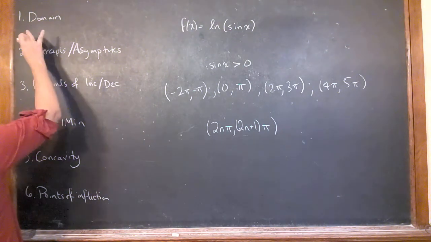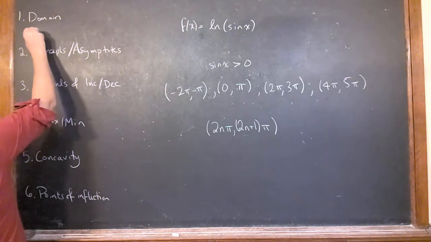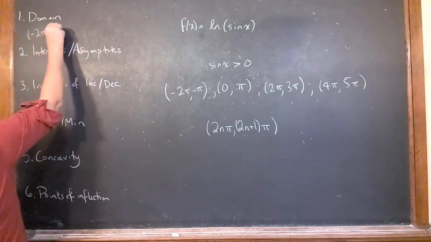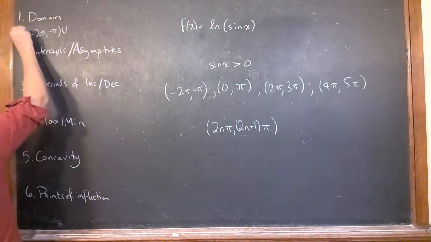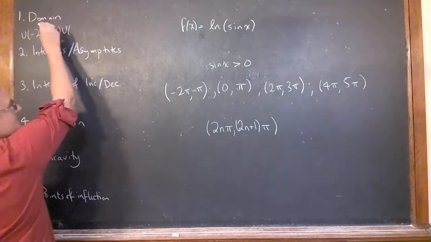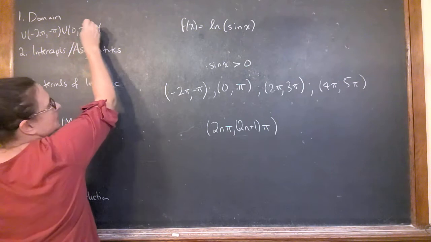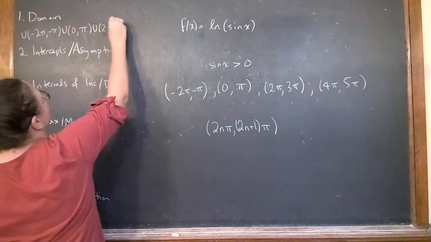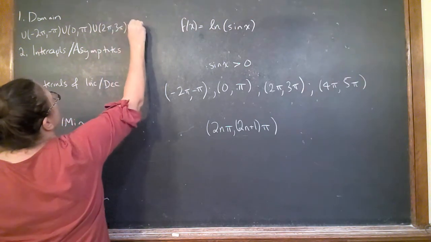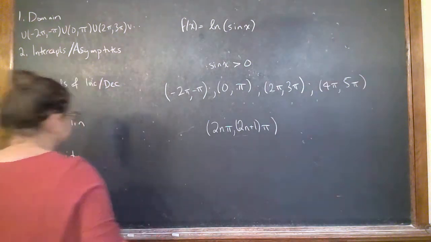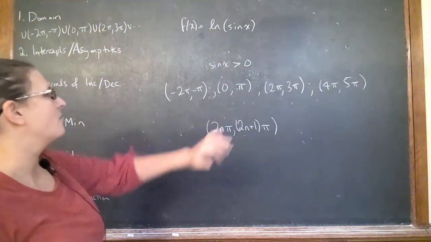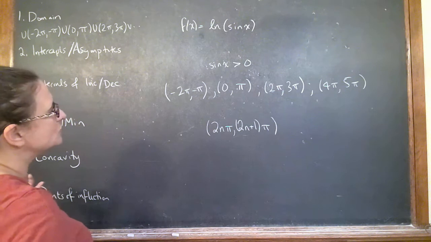Well, we'll just write it this way: 0 to pi, union 2 pi to 3 pi, union and so on, all those guys. So that's kind of an interesting situation.